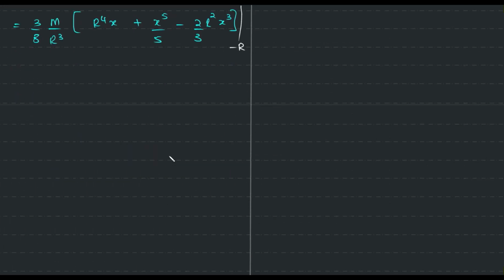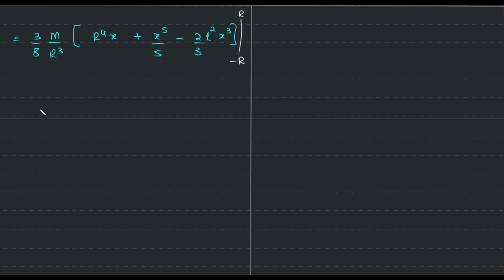If it was square functions, it would have even functions, it would have cancelled, but we have odd functions over here. I hope you guys know quite a few properties from integration. I'm actually skipping a few of the shortcuts so that I don't confuse you guys. So this will end up with 2 r to the power of 5. Then this will end with 2 by 5 r to the power of 5. And this also will be 4 by 3 r to the power of 5. It has to be so actually.